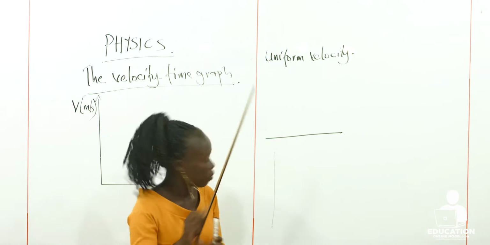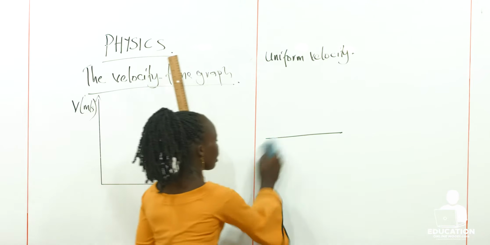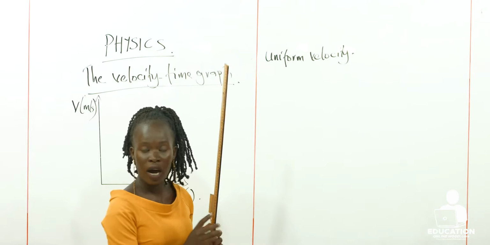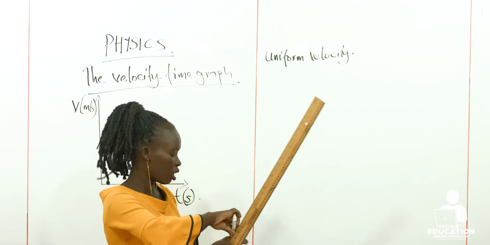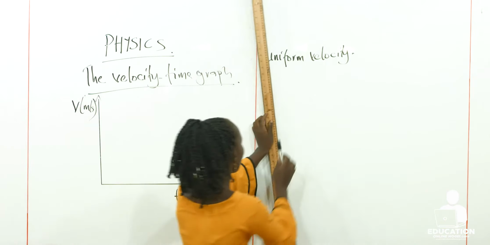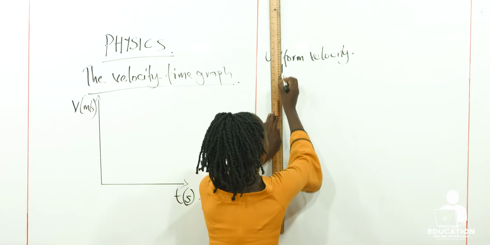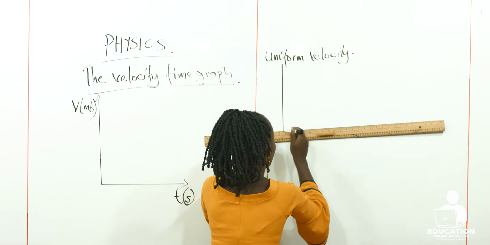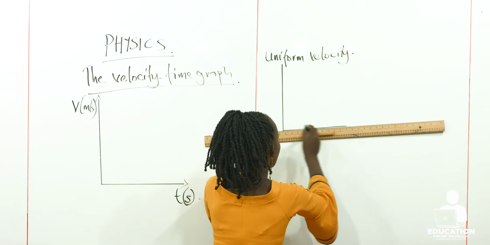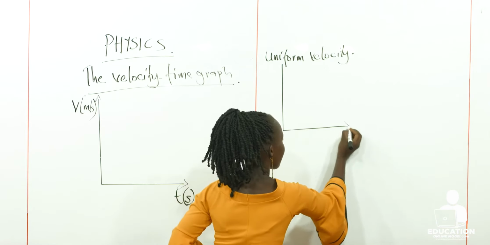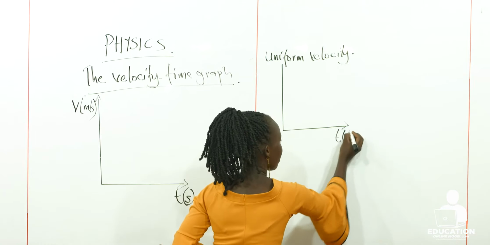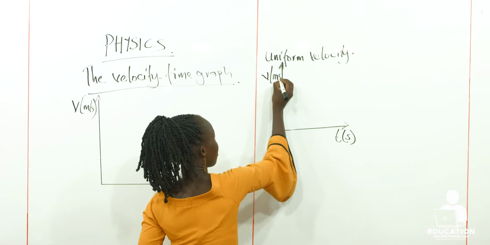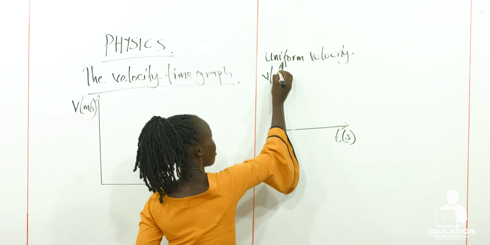If you want to explain to someone that your object or your car is moving with a uniform velocity, instead of writing it in words, you just draw. You have your Cartesian plane, and since we say you have to have the time factor on the horizontal line, this one is our velocity in meters per second.